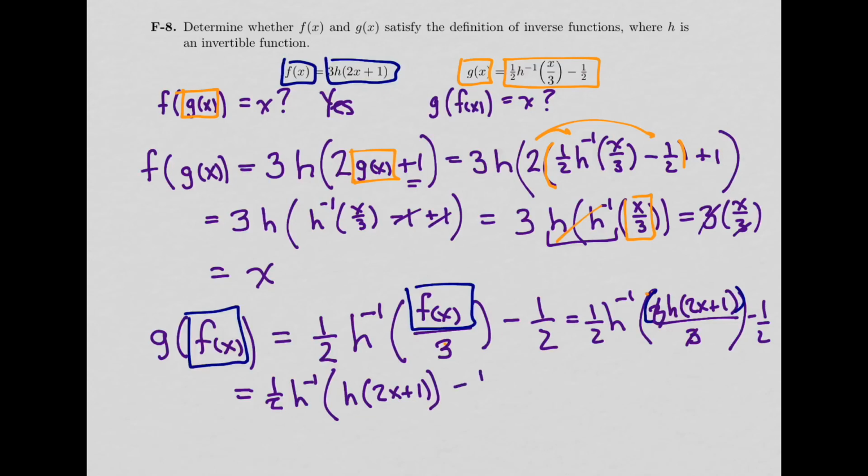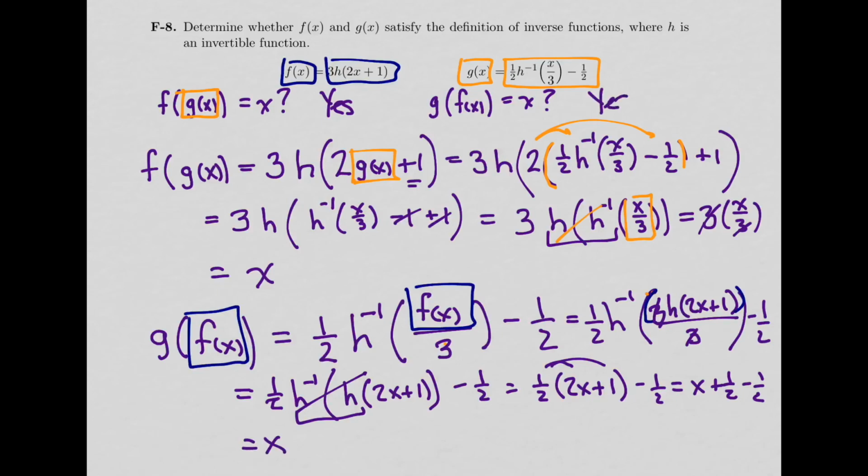And then I'm going to subtract 1/2. So now it's h inverse of h of a formula. They cancel. And I get 1/2 of 2x plus 1 minus 1/2. When I distribute that 1/2, I get 1/2 times 2x is x, plus 1/2 minus 1/2. And I get x.